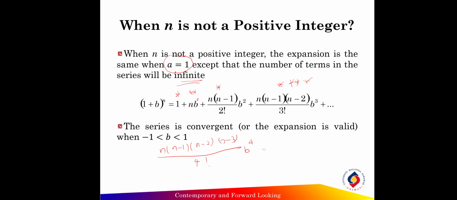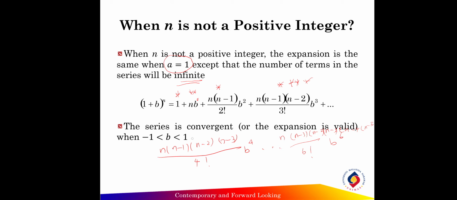I can also go on to b power of 6, which will be n, n minus 1, n minus 2, n minus 3, n minus 4, n minus 5. So I have 1, 2, 3, 4, 5, 6 brackets, so over 6 factorial, and so on.